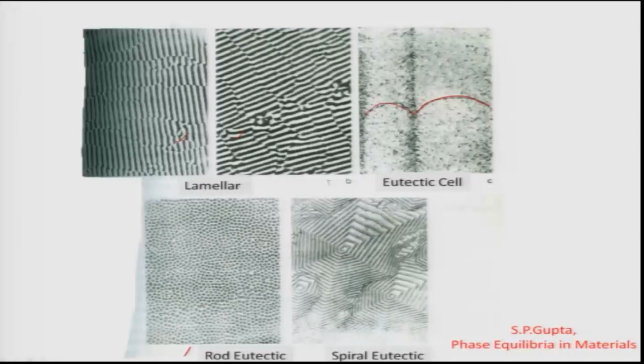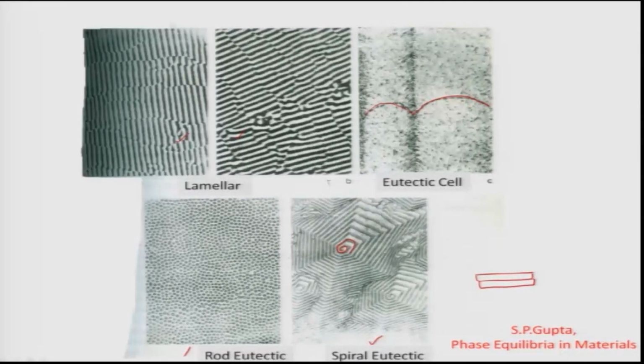One can also have a very peculiar morphology like the spiral one shown in this picture. You see here that one of the phases has formed like a spiral staircase. If you observe a spiral staircase, it looks exactly the same. In many cases it even looks like dislocation multiplication. This spiral eutectic normally forms in the magnesium-zinc system, and it has been found that if the thermal expansion coefficient of one phase is distinctly different from the other, then it behaves like two plates sitting on each other.